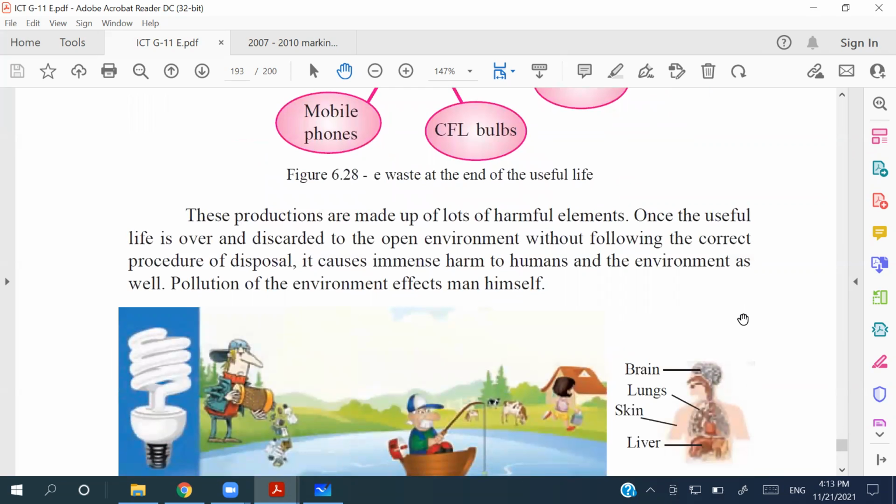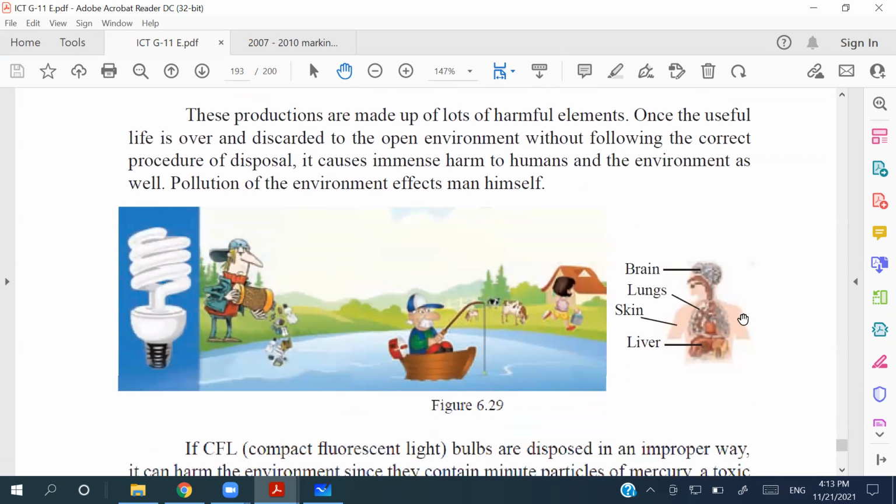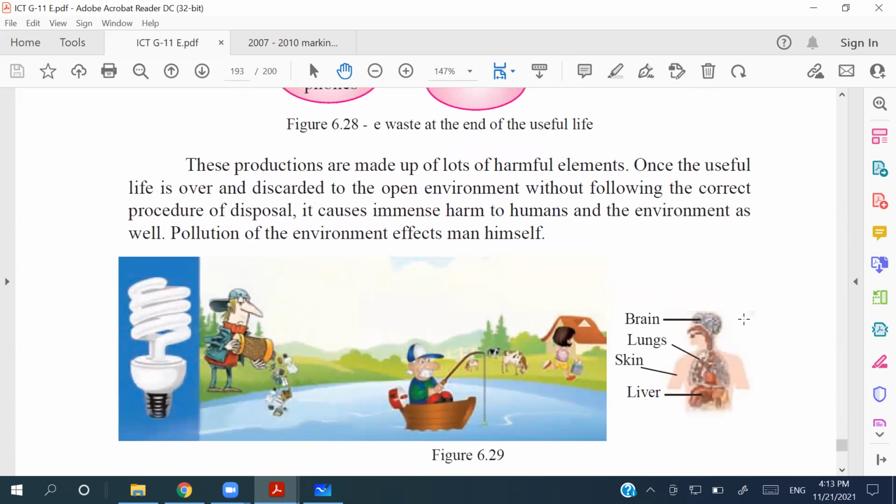So this is the effect when the e-waste is not maintained properly, right? Those can be added to the water resources, and even the soil, not good for the soil. And the bad thing happens when it mixes up with the water, because water flows everywhere, right?